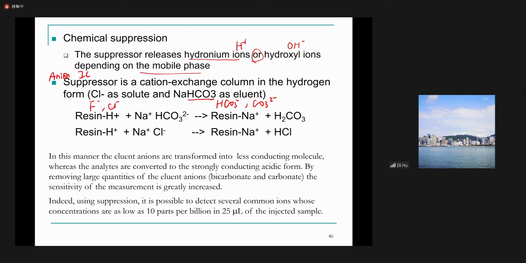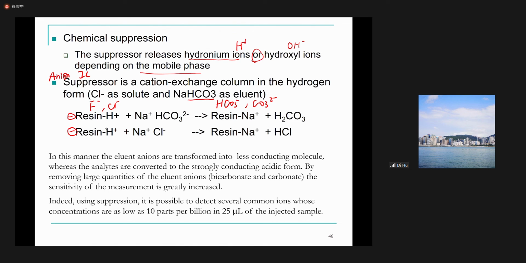The simplest form of the suppressor is a cation exchange column. What do I mean? The resin is negatively charged, so it is an ion exchange column in hydronium form.